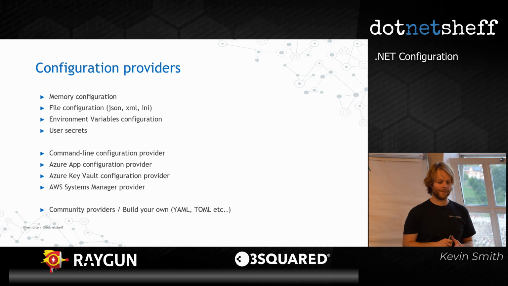And AWS has the same ones as well. So there's AWS Systems Manager, which is the same as the Azure app configuration, and there's also AWS KMS, which is the same as Key Vault for Azure. And there's loads of other different community provided ones as well. So there's things to do YAML, TOML, tons of different ones, and you can write your own if you really want to.